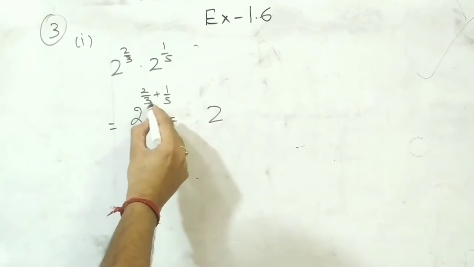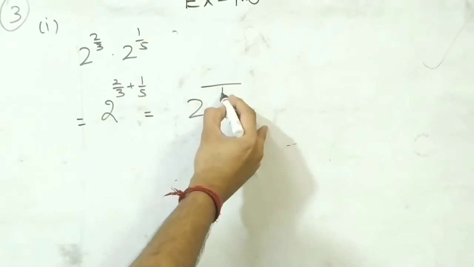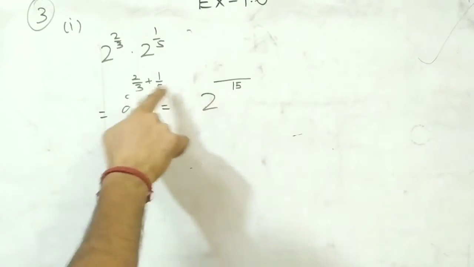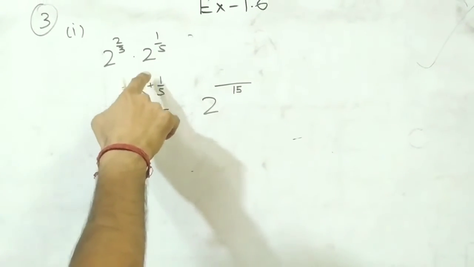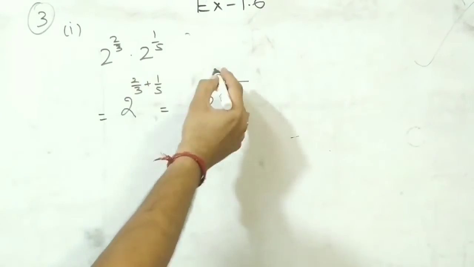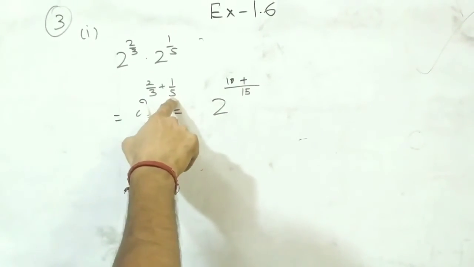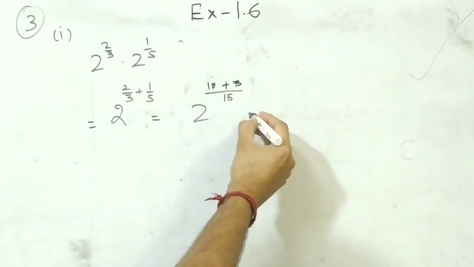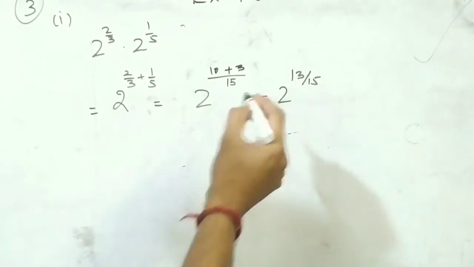But you can see the denominators are different. So find the LCM of 3 and 5, and that will be 15. Divide this 15 by 3, you will get 5, and that quotient 5 should multiply with 2, you will get 10. Divide this 15 by 5, you will get 3, and 3 multiplied by 1 is 3. So your answer will be 2 to the power 13 over 15.